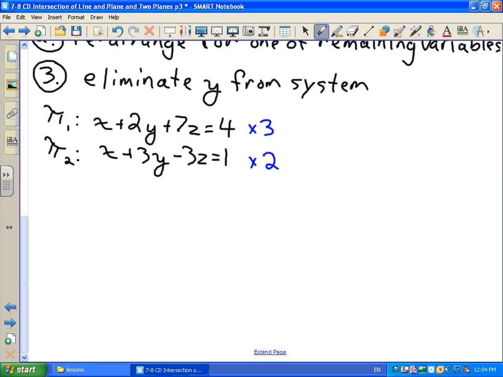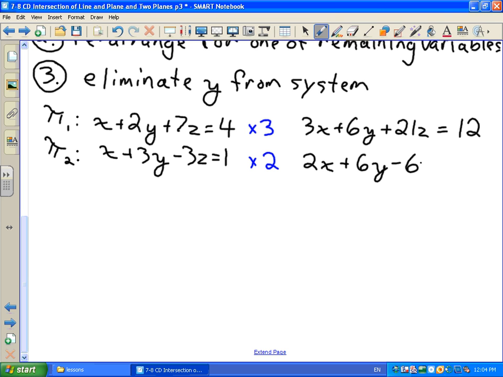So we'll have 3x plus 6y plus 21z equals 12, making sure that we multiply each of the terms by 3. And for our second equation, this becomes 2x plus 6y minus 6z equals 2.